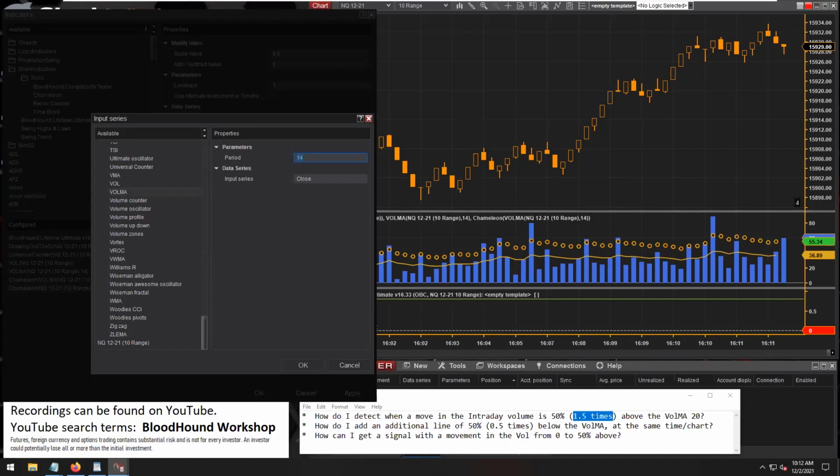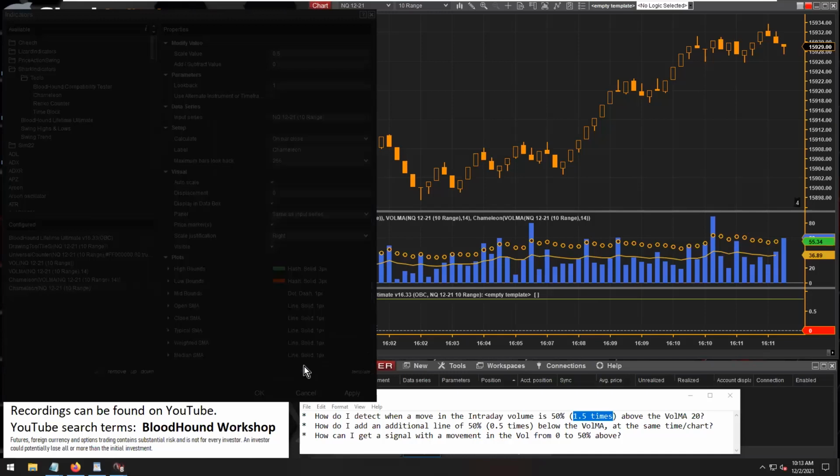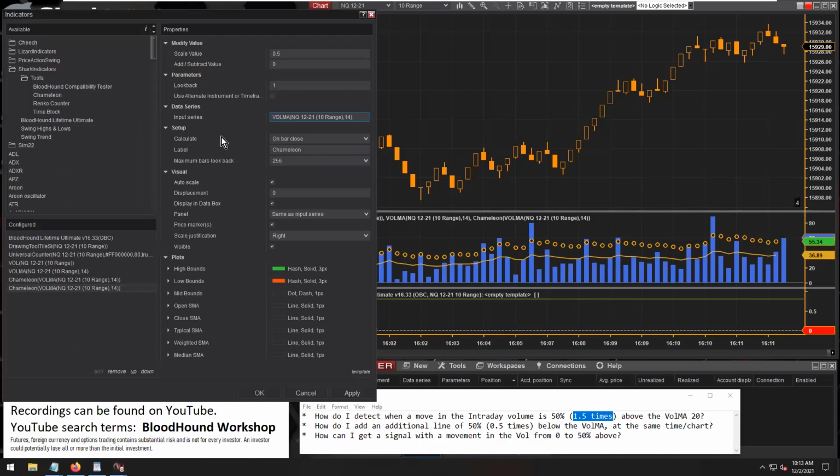So if you want to use a different period for your volume MA, make sure that you adjust that while you're changing the input series here. All right, so we just selected it, and adjust the period, and that's it. We're done. So now we can see the input series is now switched over to the volume MA indicator.